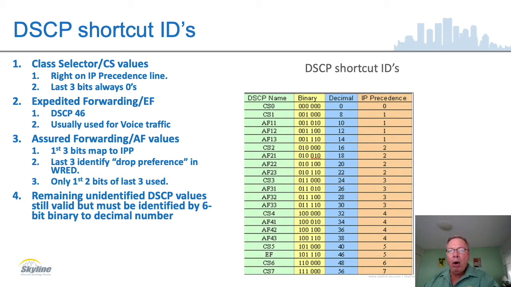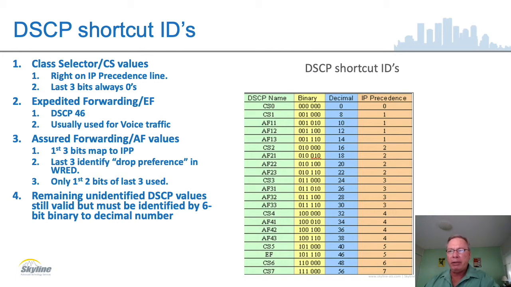Okay? All of the bits are available, but if you want to recognize something other than what an AF value recognizes, you would just call it out by its binary value.